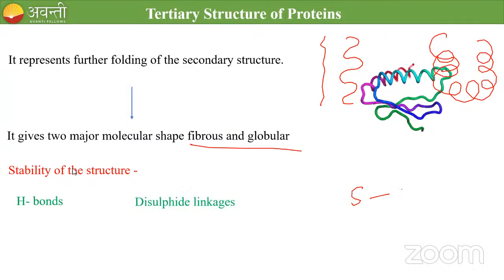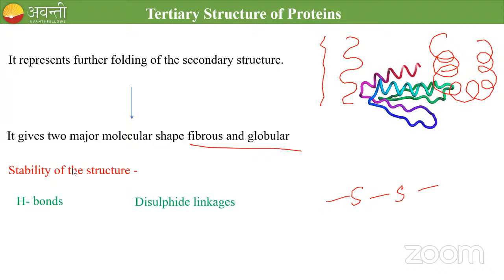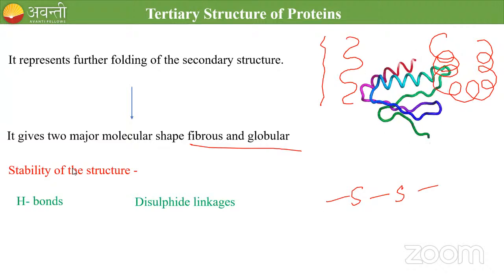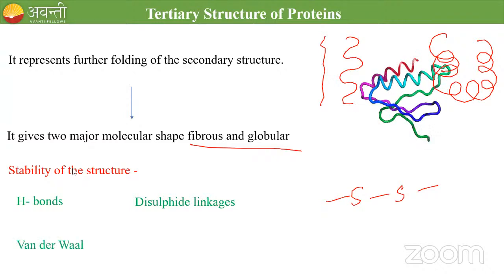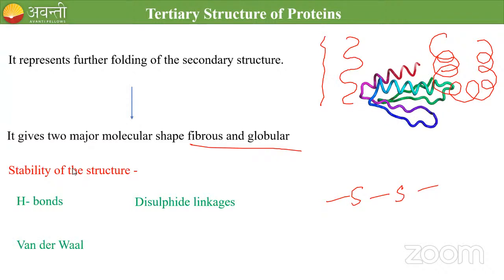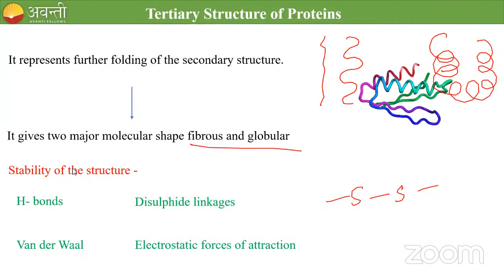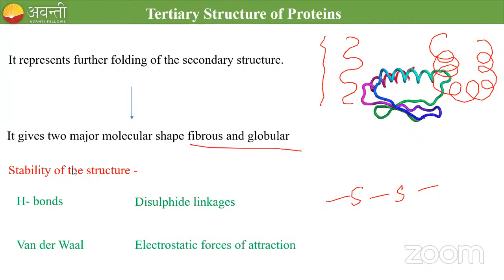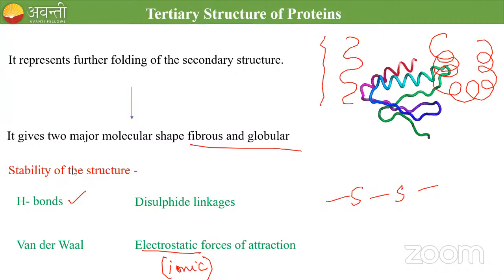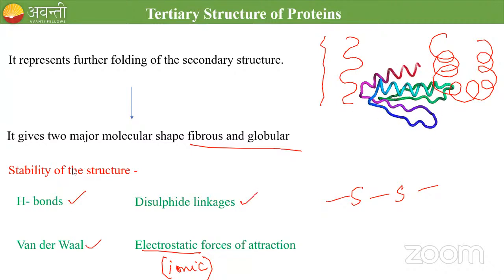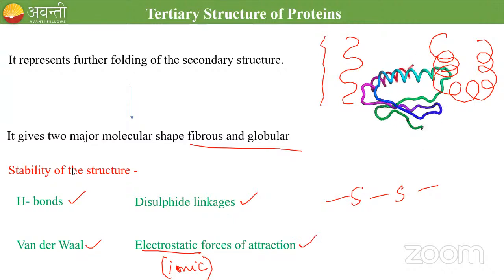Disulfide linkage means one sulfur and another sulfur are linked together, and they act like a hydrogen bond. The third is van der Waals force. And the fourth is the electrostatic force of attraction. Electrostatic means ionic force of attraction. So these are the four types of forces which make the tertiary structure more stable.